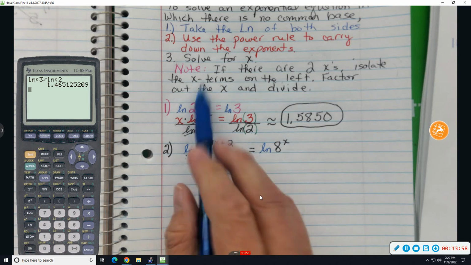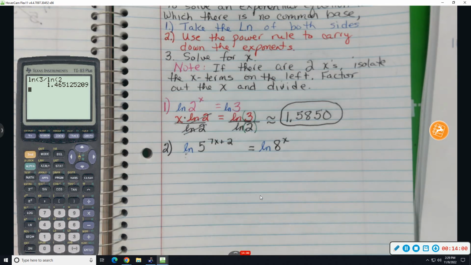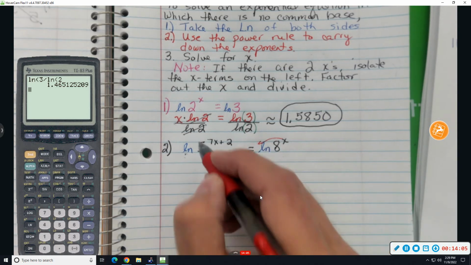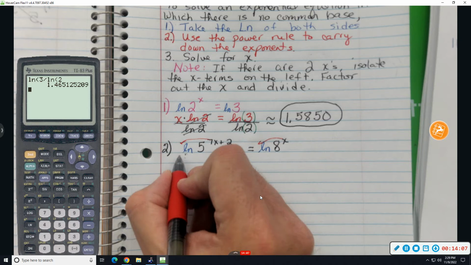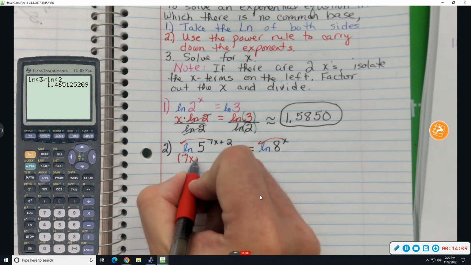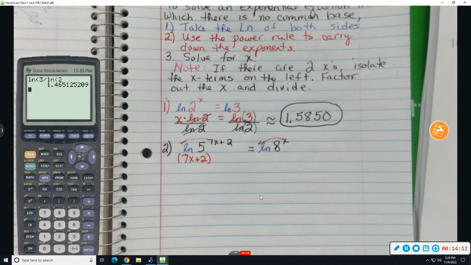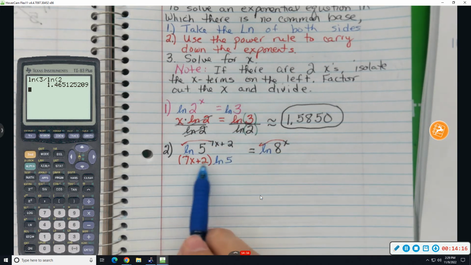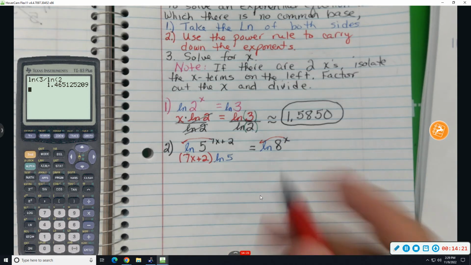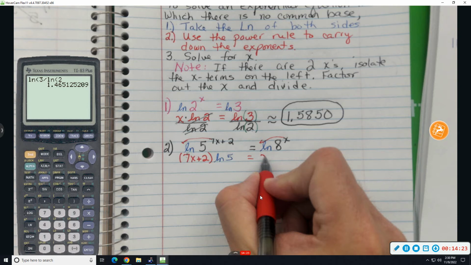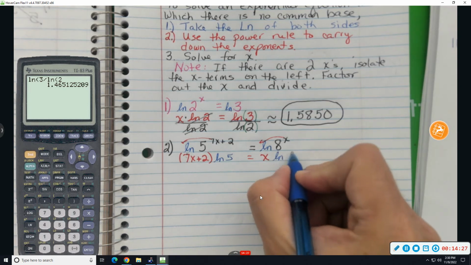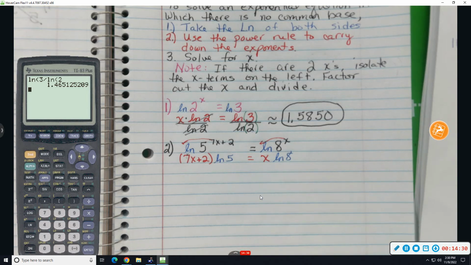Now, step 2, bring the exponents down in front of the letter L. So we'd have 7x plus 2 times ln 5. All of that exponent should be in front of the letter L. That's why I have the parentheses there. Equals, bring in the 8, bringing the x down, then we have ln 8.